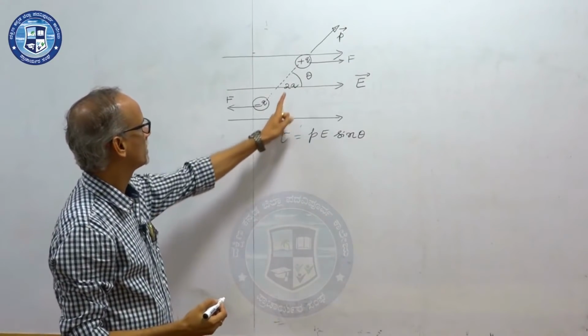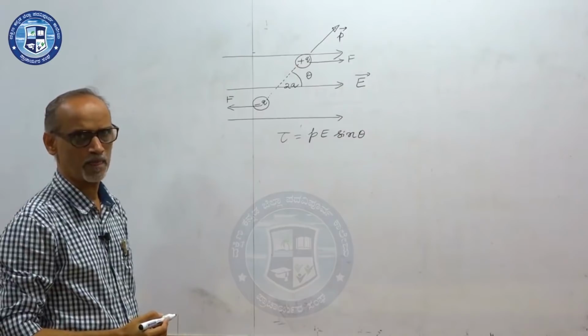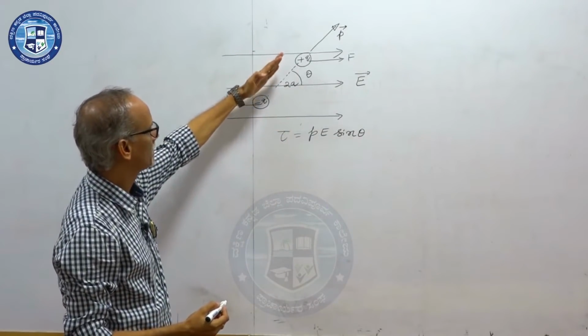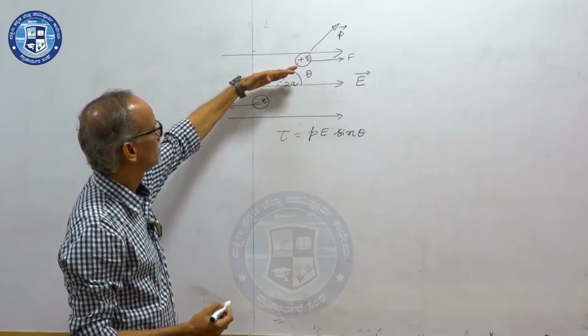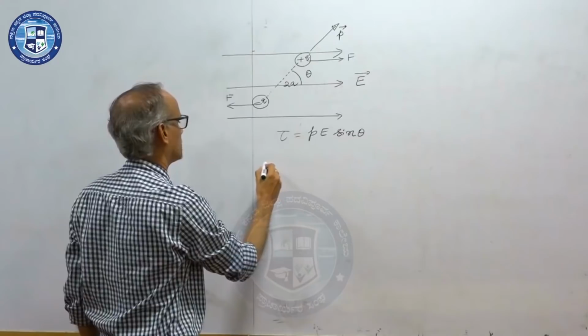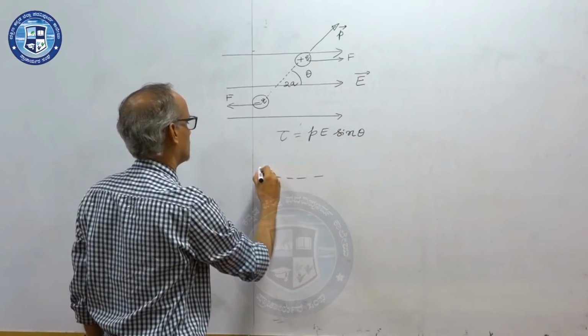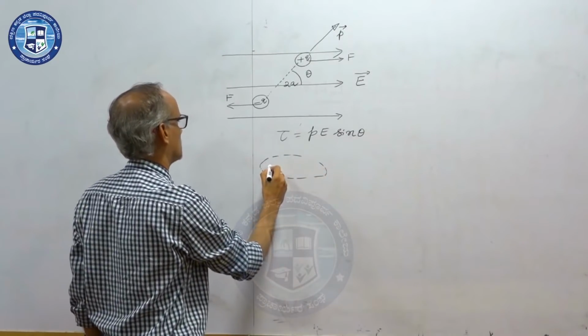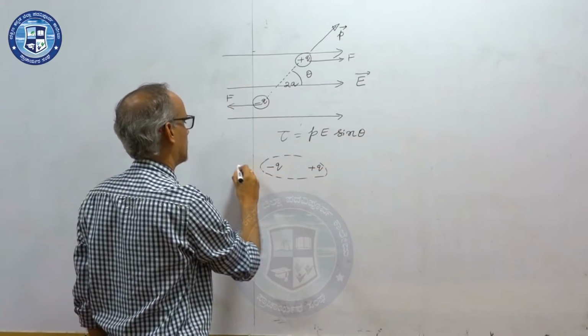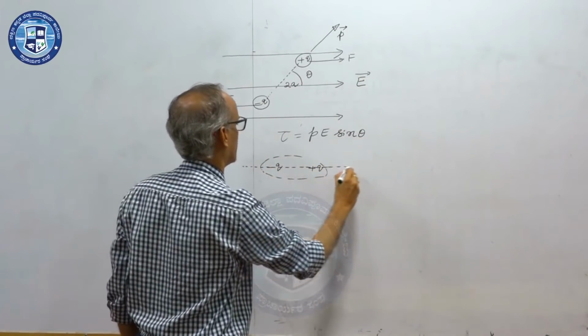So, what happens when it experiences torque? When it experiences torque, it gets rotated in the direction of the field, and this entire dipole gets arranged like this. It gets aligned in the direction of the electric field.